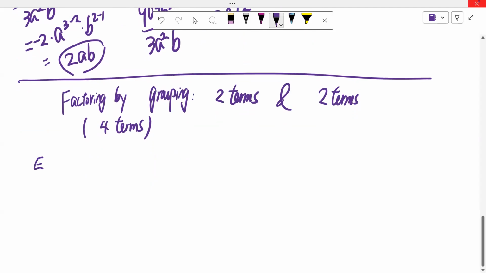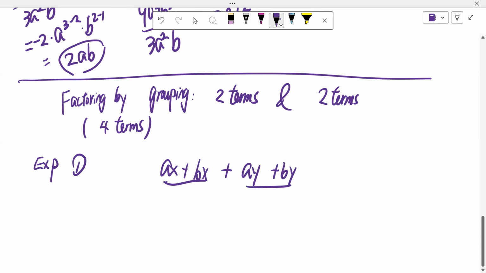Let me give you an example. Let's say we have ax plus bx plus ay plus by. So basically, you group the first 2, group the last 2. For the first 2, the GCF is x, a remains, b remains.